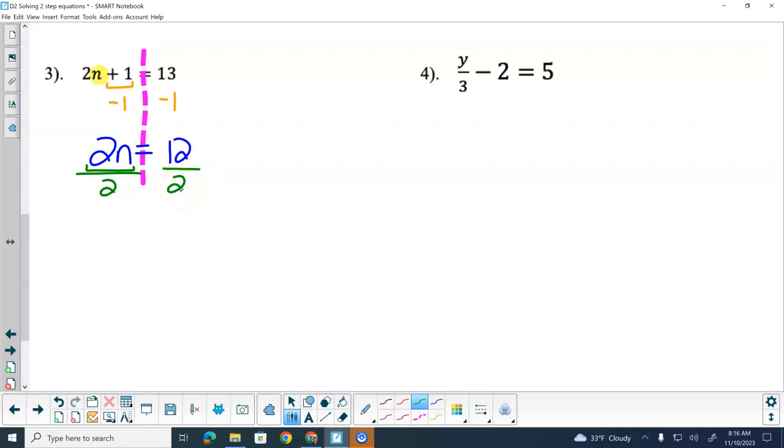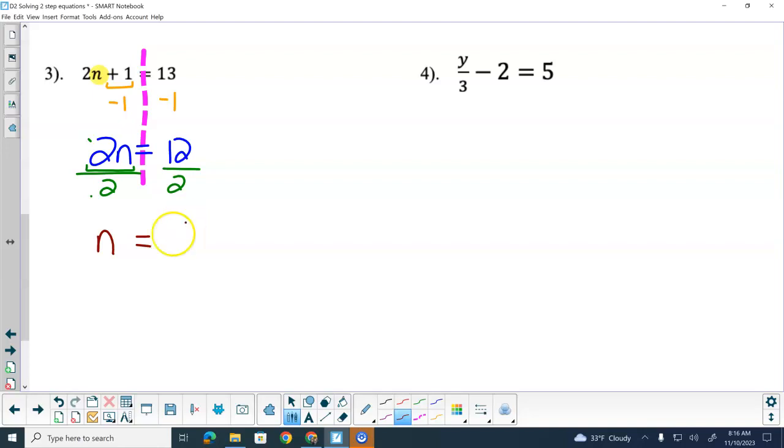Okay? 2 divided by 2. Not 0. 1, right? Okay? Times n. 1 times n is 1n, or just n, what I'm looking for. Okay? 12 divided by 2.